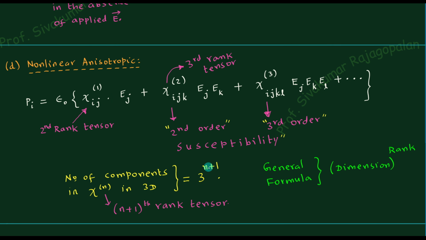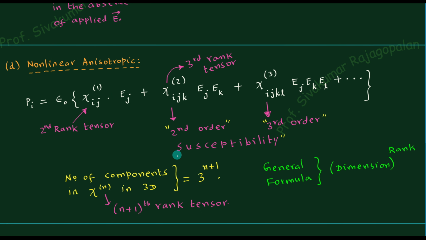So the question therefore is, how do you write 27 elements? The answer is quite simple. 27 elements means it's not difficult. It is 9 elements in 3 sheets of paper. So you must be in a position to imagine how this will look. That's what I'm trying to explain. Imagine 3 sheets of paper.